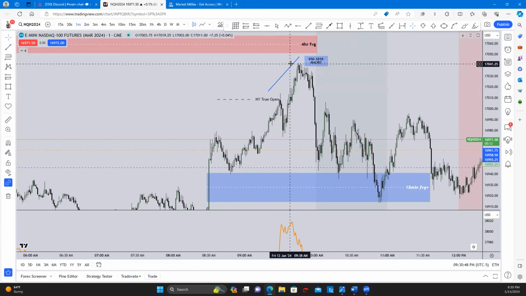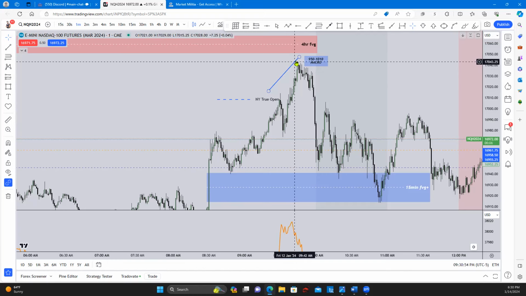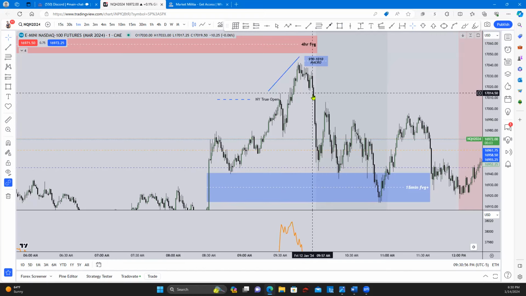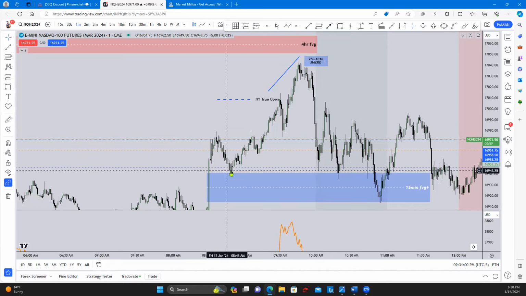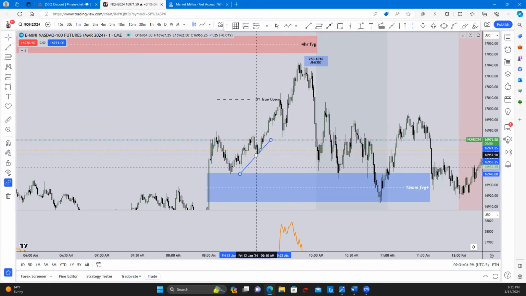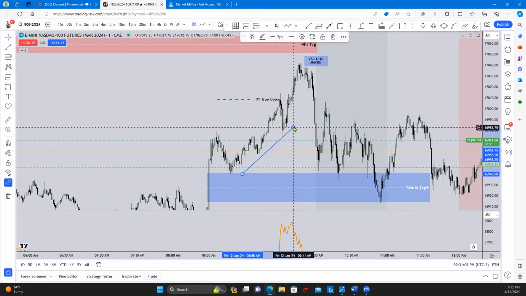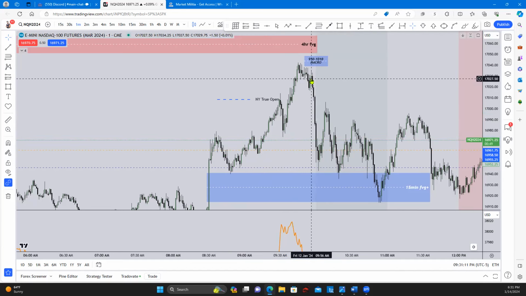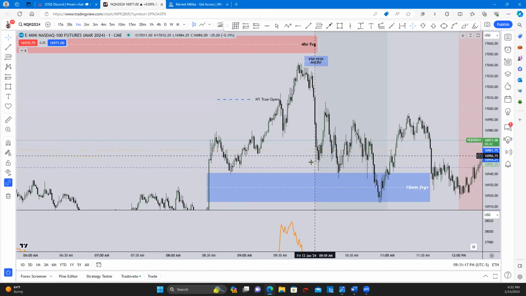Our Judas swing was to induce buyers, and then we aggressively take them all out, taking out all of this liquidity in here. Now, what we did was when we started to turn here at 9:50, we start to displace aggressively lower, right?